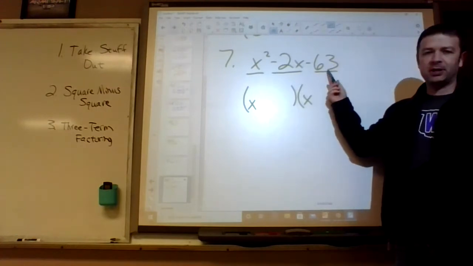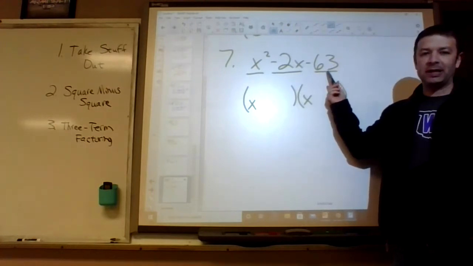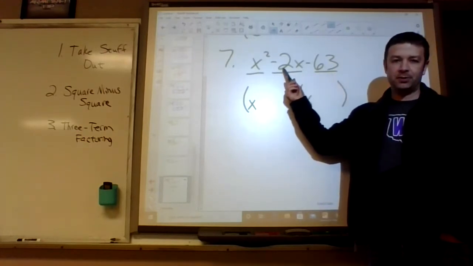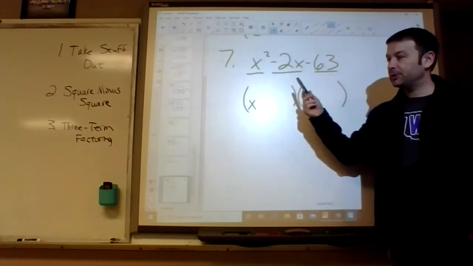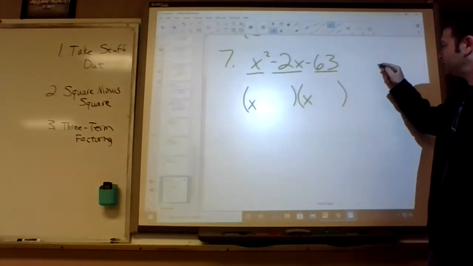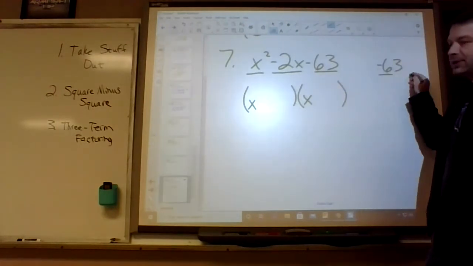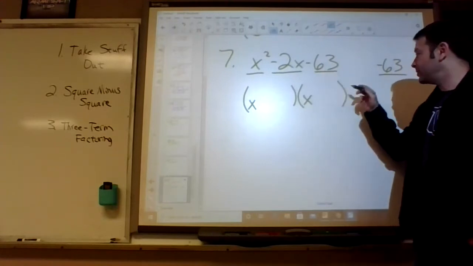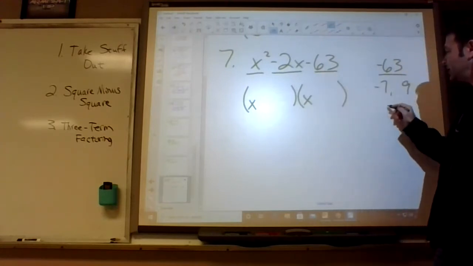For the back, you say, what 2 things multiply into negative 63 that could add up to negative 2? So you might remember from your times tables that 63 is 7 times 9. Since it's a negative, though, you have to make one of them a negative.